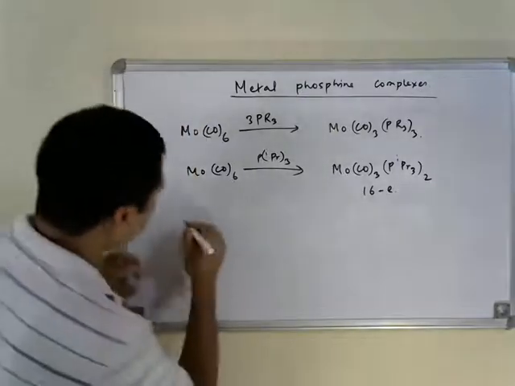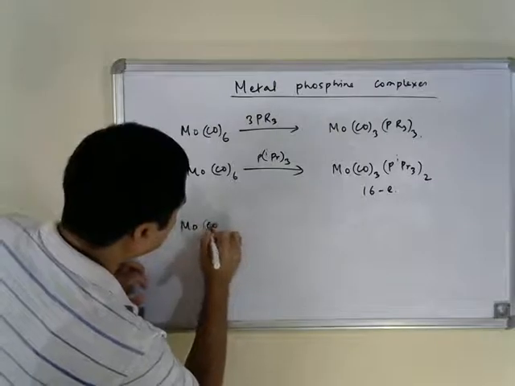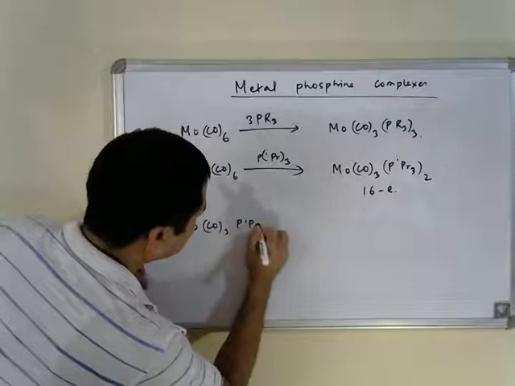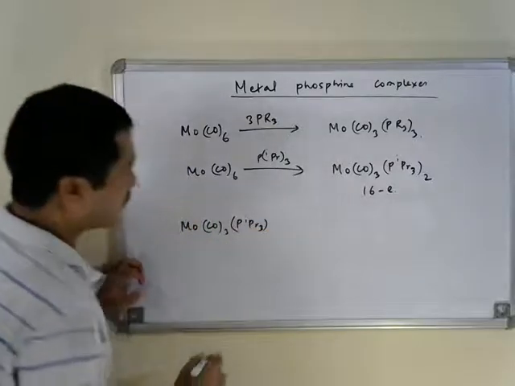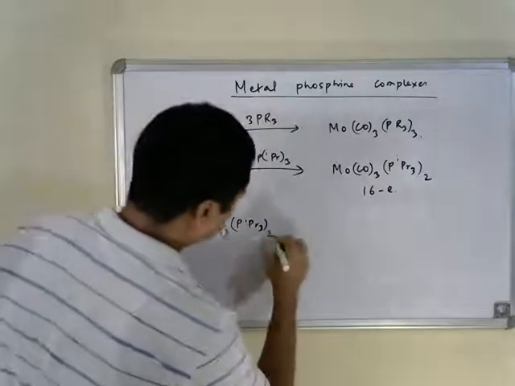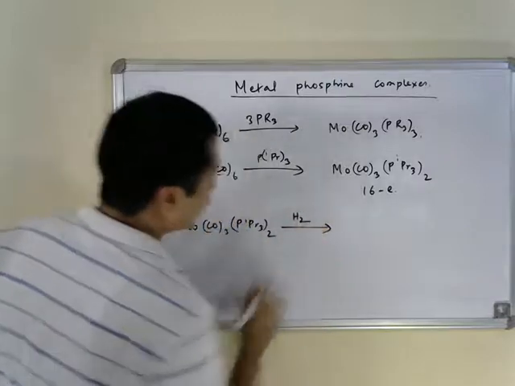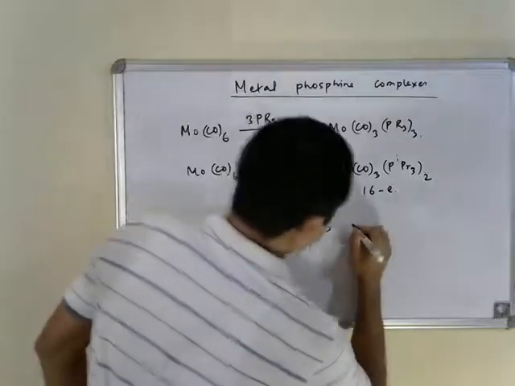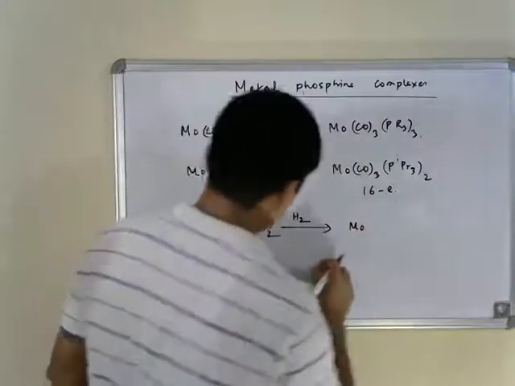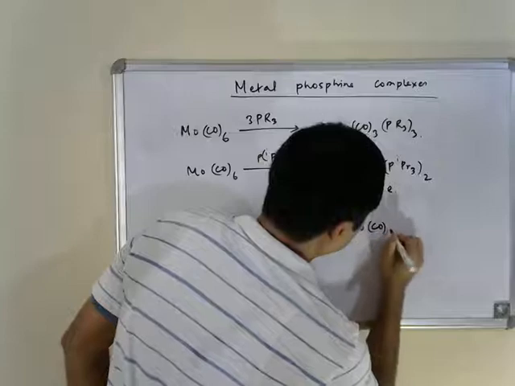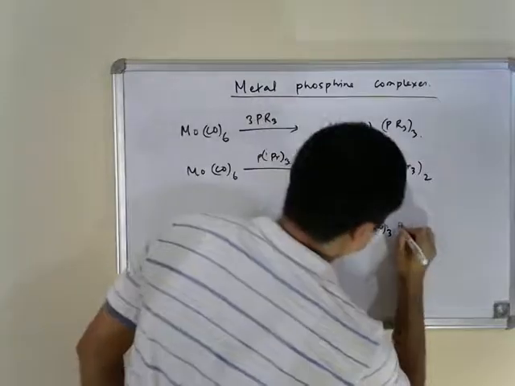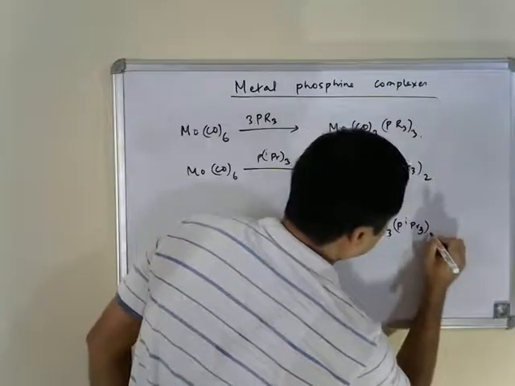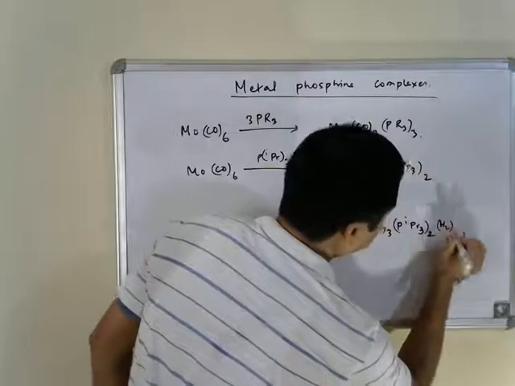But if you now use a sterically less bulky ligand, for example, if you do the reaction with dihydrogen, which is sterically less bulky, one can fulfill the coordination unsaturation, and an 18 valence electron species can be prepared in this way.